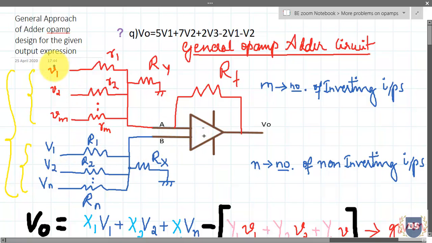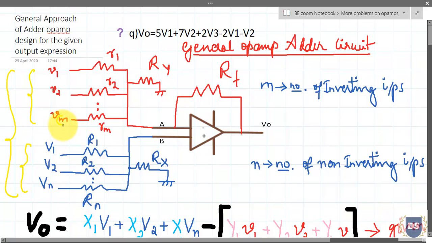Voltage sources associated with the inverting input terminal are represented in small letters, and the ones associated with the non-inverting input terminal are represented with capital V's, and correspondingly the resistances associated with the inverting input terminal are represented by small r's, and the ones associated with the non-inverting inputs are represented by capital R's.